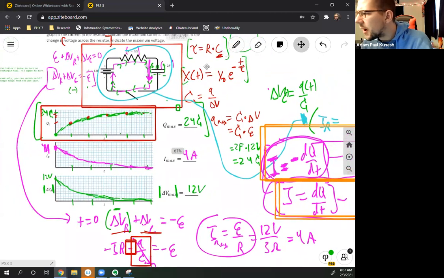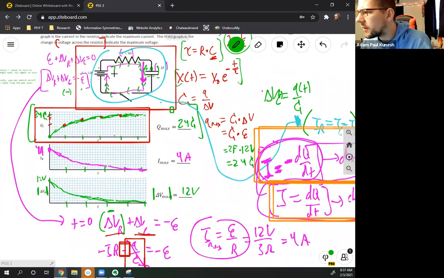At time t equals 0, the resistor absorbs all of the voltage because the capacitor is uncharged. So the Q in delta V equals Q over C is 0 at time t equals 0. It's got no charge on the plates, so no voltage change across the capacitor.